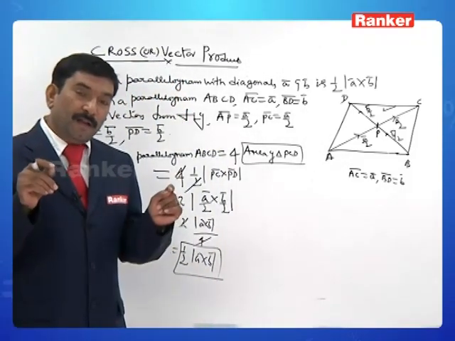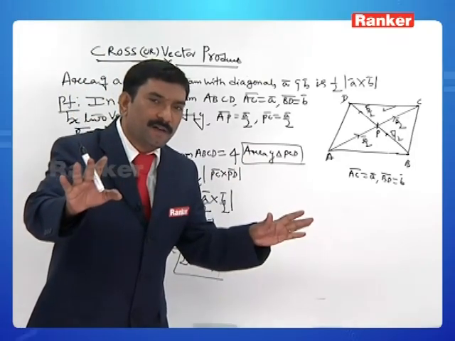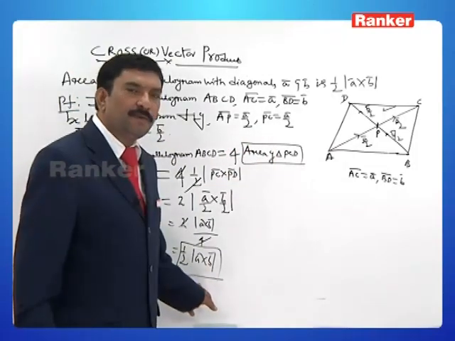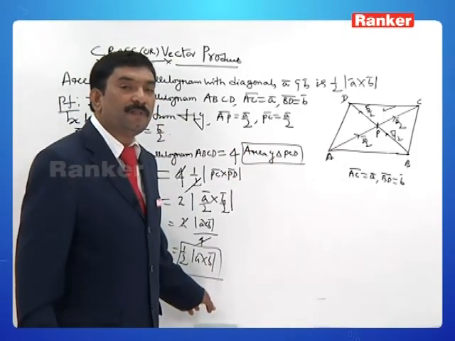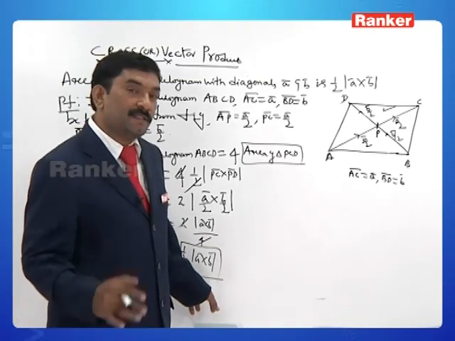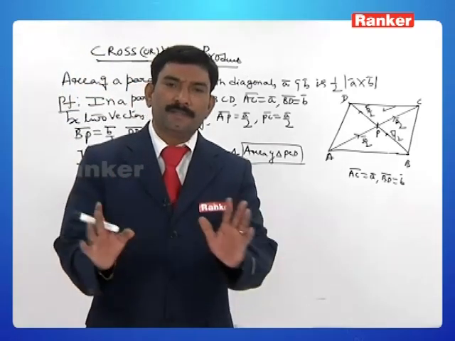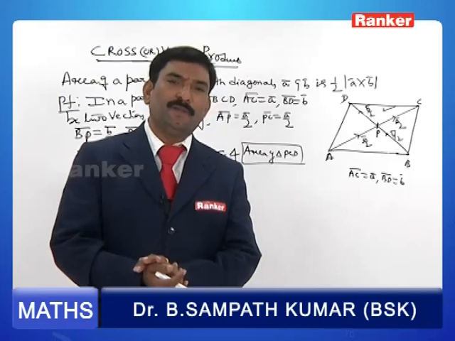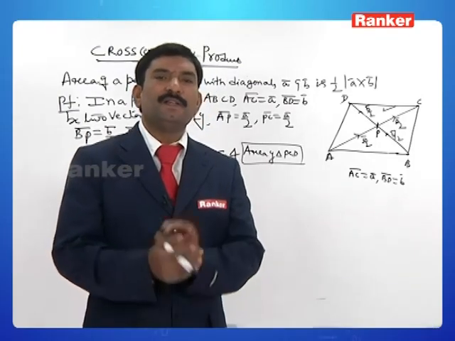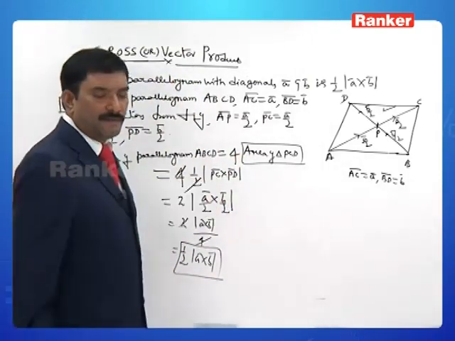The area of the parallelogram with sides is just modulus of A bar cross B bar. What is the area of a parallelogram with diagonals? It is equal to the area of a triangle formed by A bar and B bar as the sides. So remember, students, the area of the parallelogram with the diagonals is equal to the area of the triangle formed by A bar and B bar as the sides. This is the area with diagonals. Thank you.